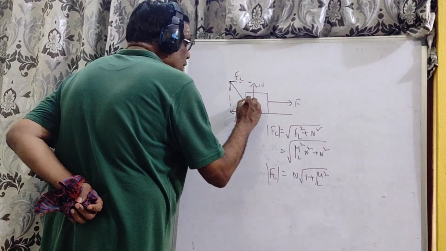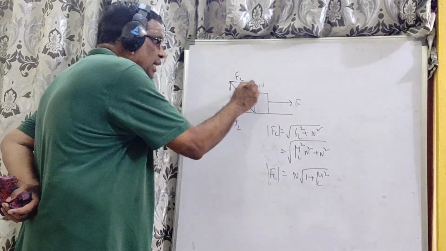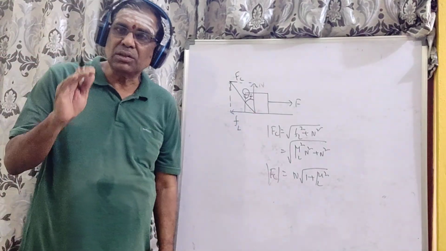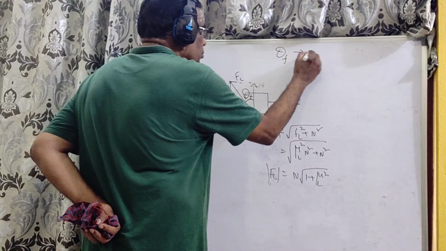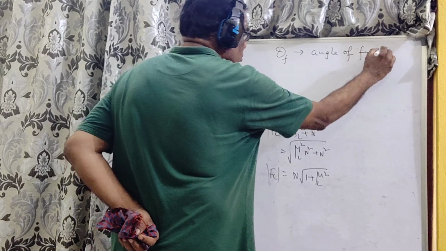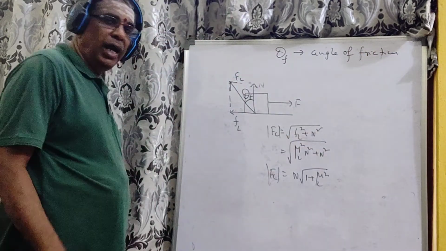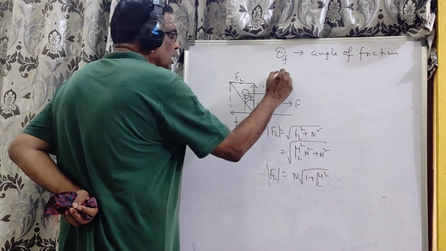And in such a case, the angle between Fc and N is called the angle of friction. Angle of friction.